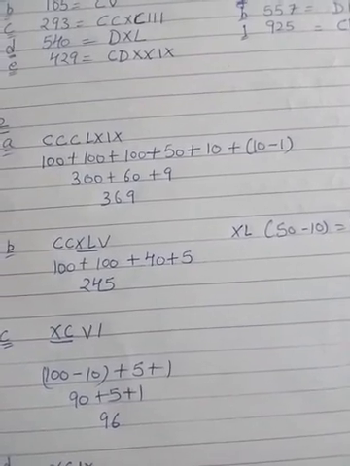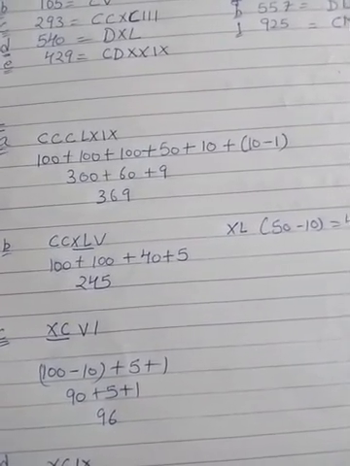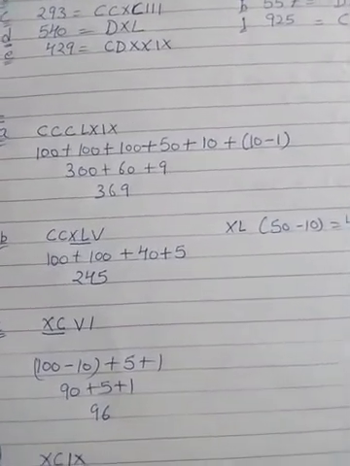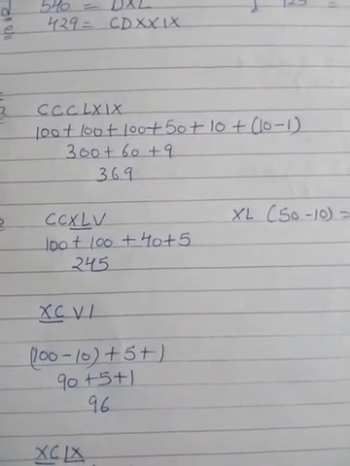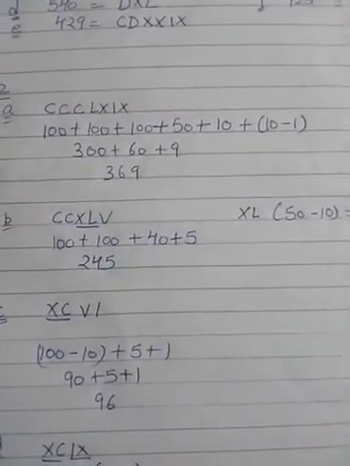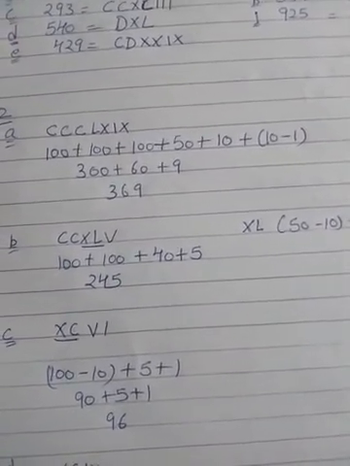CCC LX IX, that means 100 plus 100 plus 100 plus 50 plus 10 plus 9. IX as you know is 9, but I make it more clear for you, so that you get each and every point very clearly. That's 369.